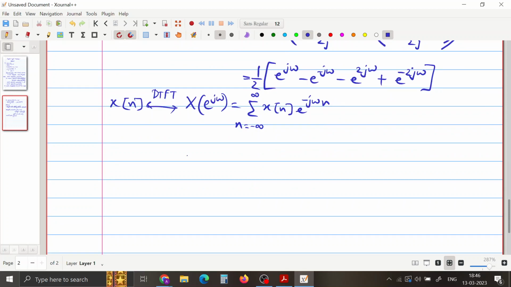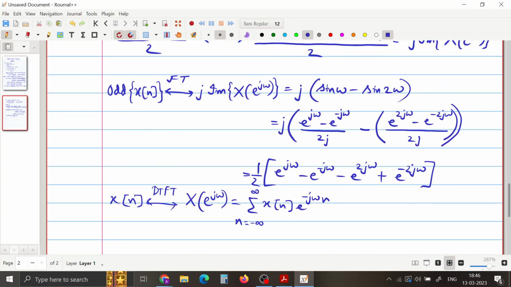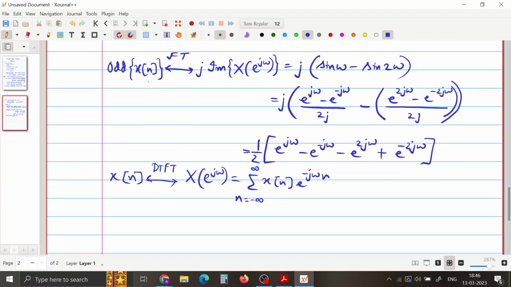So this is just the formula for the DTFT. Now we have the Fourier transform of the odd part of x of n as this. So you see it also involves terms of the form e power minus j omega n. In the first term, it's e power j omega times 1, so basically n is minus 1. So it represents the sample value x of minus 1.